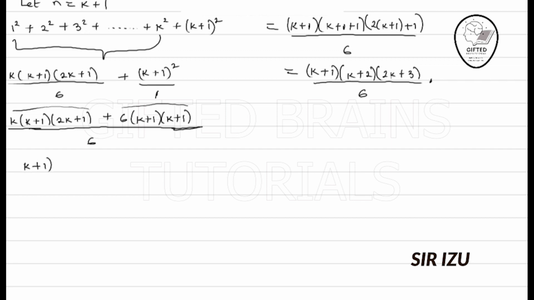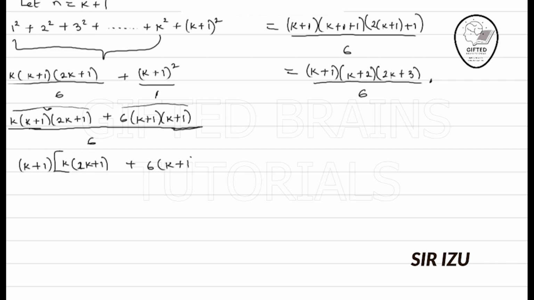I put that in brackets, and if I bring out k plus 1 from this side, I'll be left with k into 2k plus 1. And on this other side, if I bring out k plus 1, I'll be left with 6 times k plus 1.